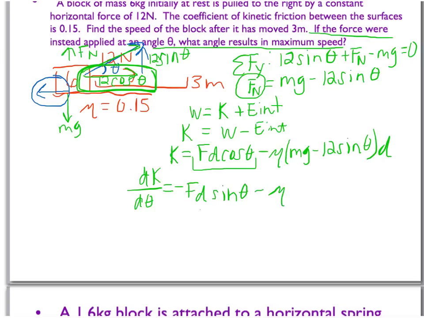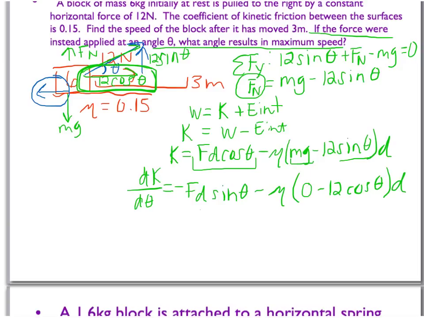Over here again, we'll leave the constants out front. The derivative of mg, both being constants, is just going to be a 0. And the derivative of the sine of theta, again, is going to be a cosine of theta. And we'll leave the constants again out front.